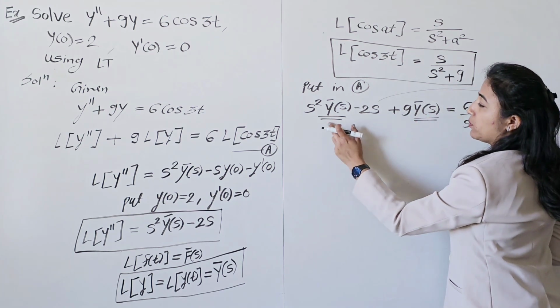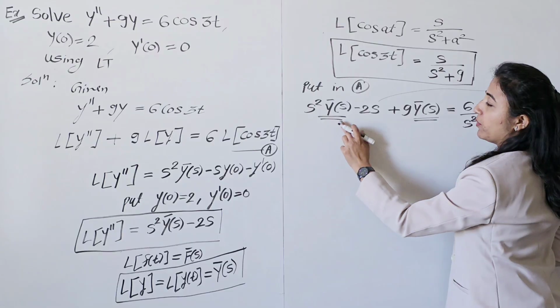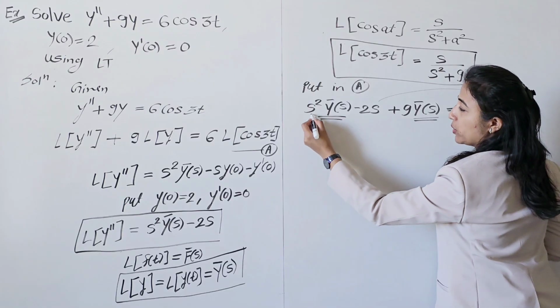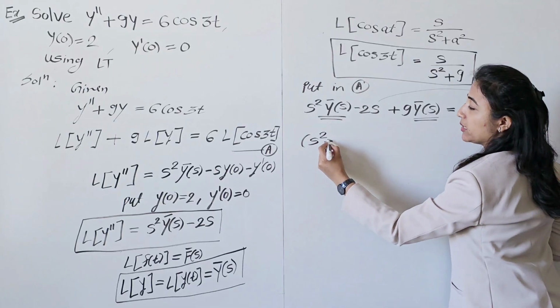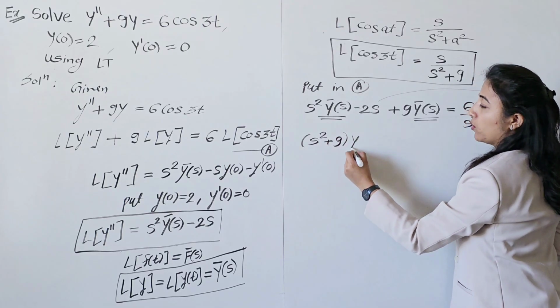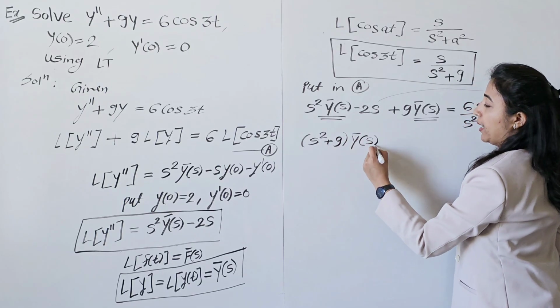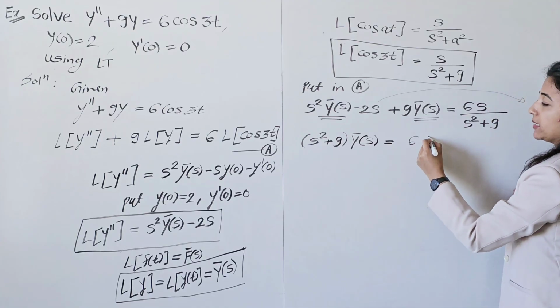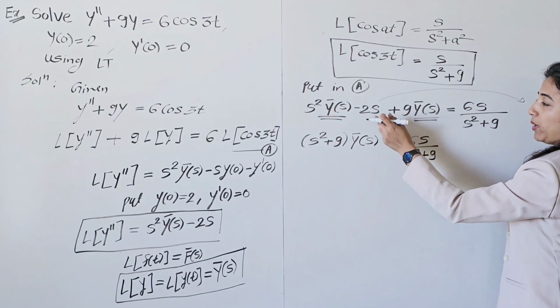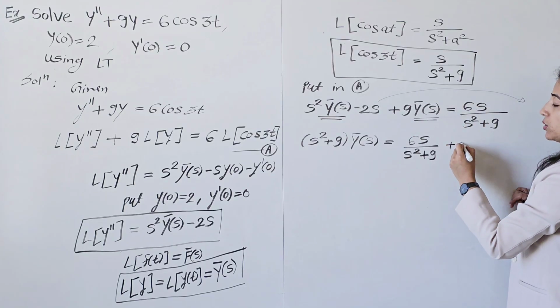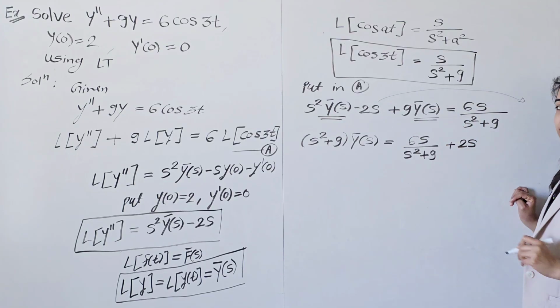If we take y bar of s common from the first and last terms, we get s square plus 9, and the right side is 6s upon s square plus 9 plus 2s.